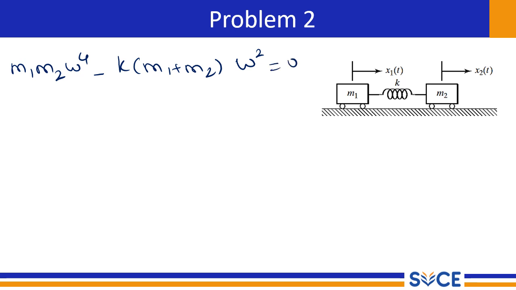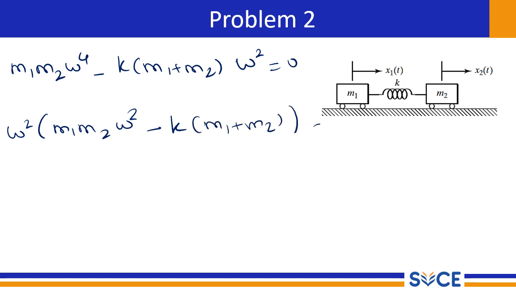Now I have to take omega square commonly outside. Then what will happen? m1 m2 omega square minus k into m1 plus m2. Already omega square is outside. It is equal to 0.